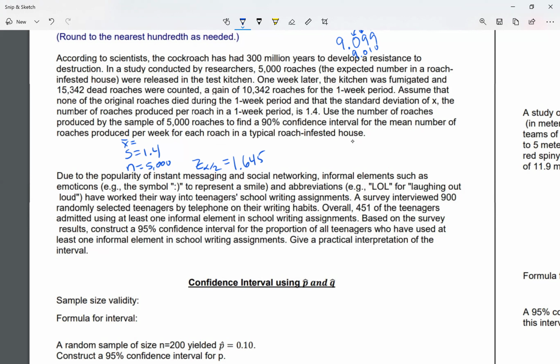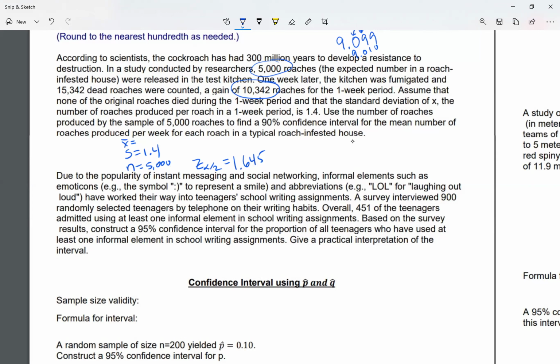Now, how many did it increase by? For my average, I see that there was a gain of 10,342 roaches. But we started with 5,000. So I want to know how many it gained per roach.